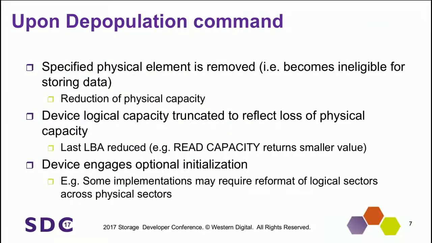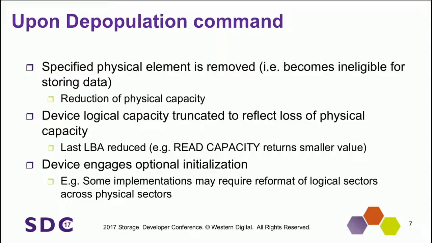Upon receiving the remove element and truncate command, the drive goes through a number of processes, but essentially the physical element that is specified with the identifier in the command is removed. In other words, it becomes ineligible for storing any data. And this is actually a reduction of physical capacity.